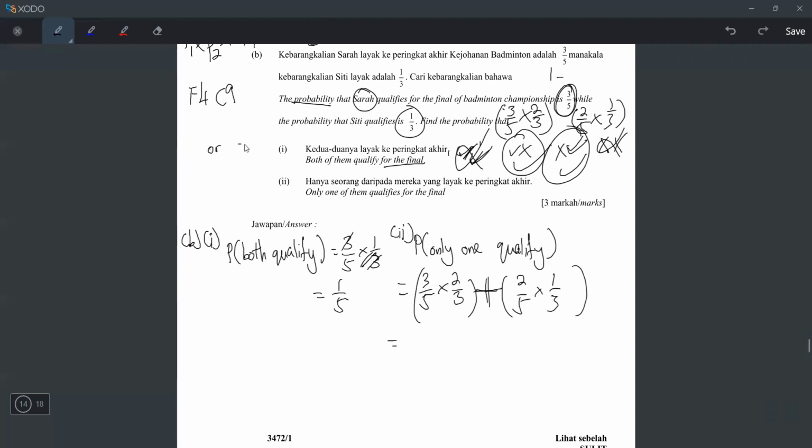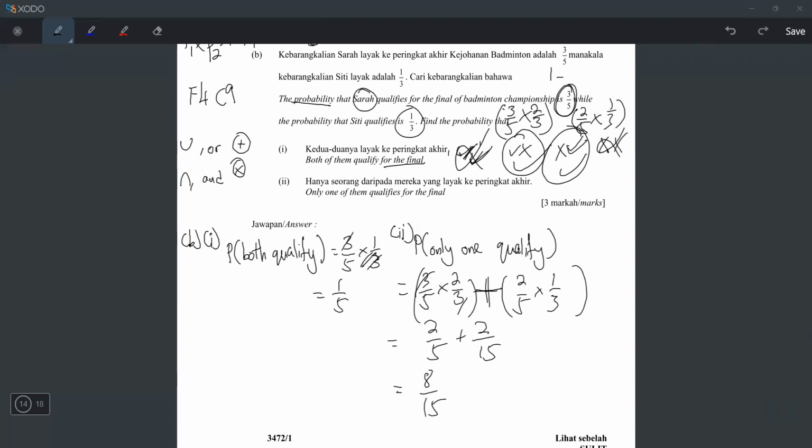So remember, or means plus, and means times. And also remember, or is actually union, and is intersect. Okay, 3 cut 3, 2/5. This one cannot cut, so top times top is 2, bottom times bottom is 15. So the answer is 8/15. Okay, let's press with my calculator, just in case I do something wrong. Okay, yes.